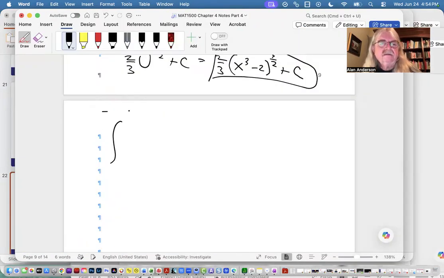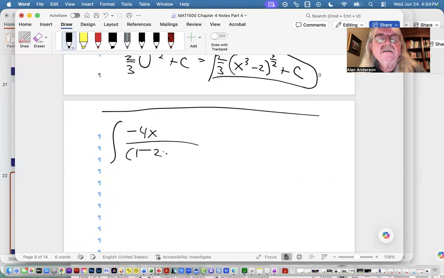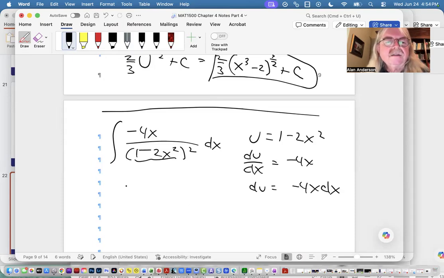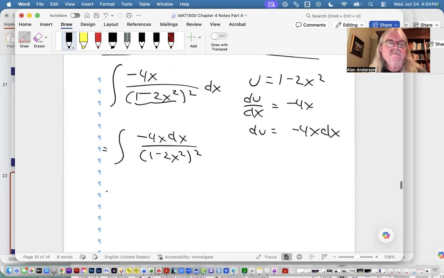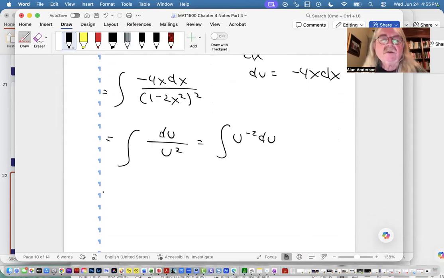Integral of negative 4x over 1 minus 2x squared, squared. So let's try u equals 1 minus 2x squared. All right. So this is equivalent to du over u squared, which I'll rewrite as u to the minus 2, to make it easier to apply the power rule.